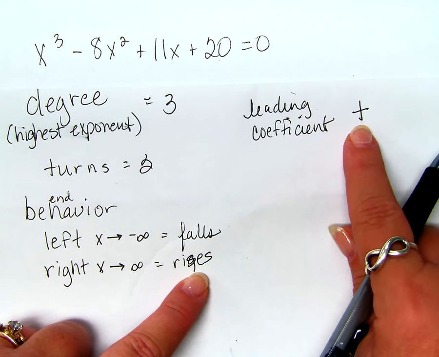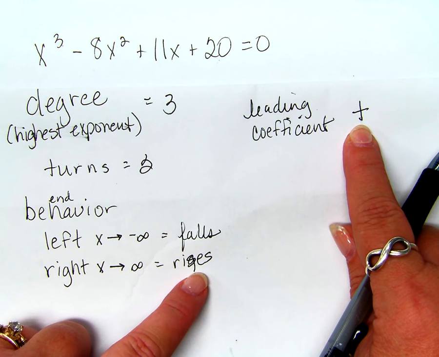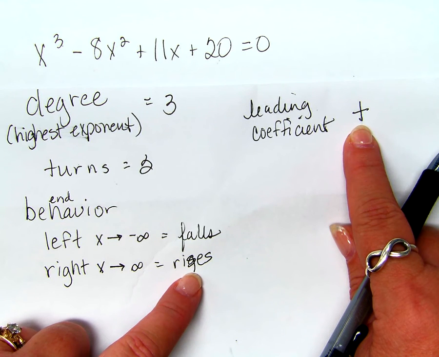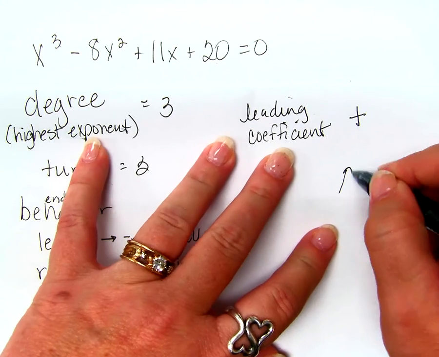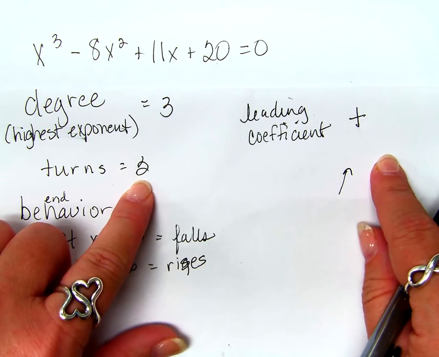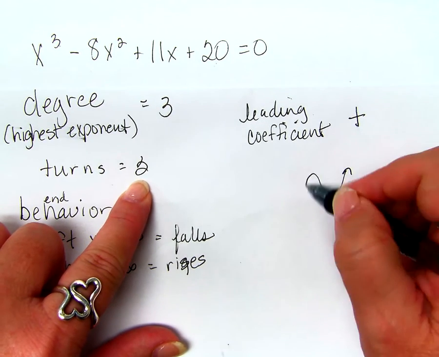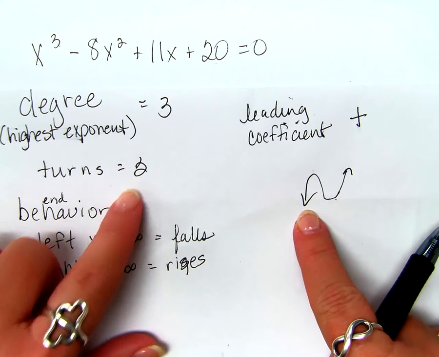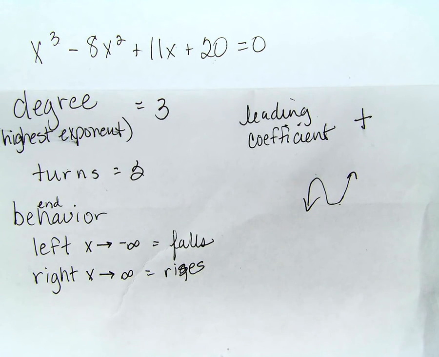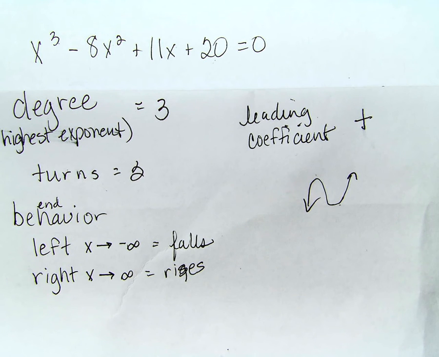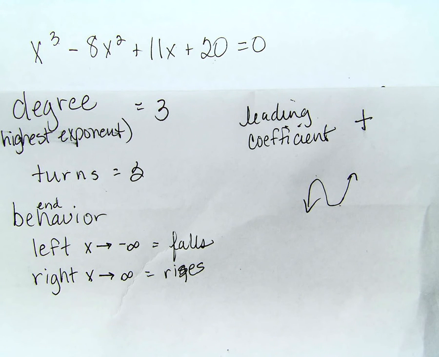If the leading coefficient is positive, it rises to the right. So if it rises to the right, and I know it has at most 2 turns, 1, 2, what's happening to the left? Wow. Let's do another one so you can see that I'm telling the truth.